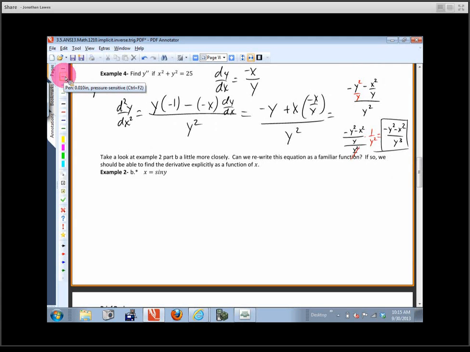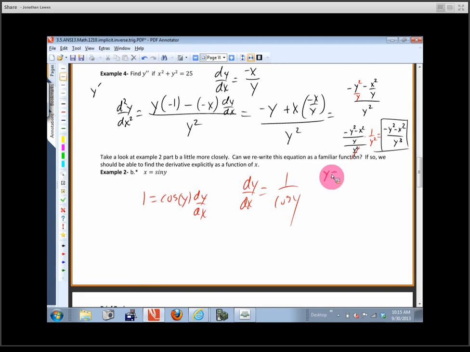Okay, let's just do a quick reminder of this problem right here. We did this one implicitly at the beginning, and the way we did this was the derivative here is 1. The derivative of sine y was cosine y dy dx. So we got dy dx equals 1 over the cosine of y. And then we came back and we said, well, wait a minute, I could solve this for y.